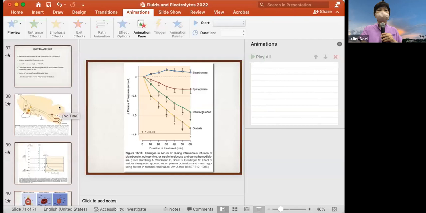Then I think one thing that is important for you to look into is to be familiar with the different electrolyte content of the different body fluids, because when you treat a fluid and electrolyte problem, when you have an ongoing problem, then you need to know where your ongoing loss is.